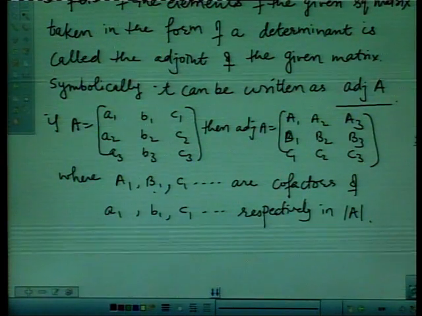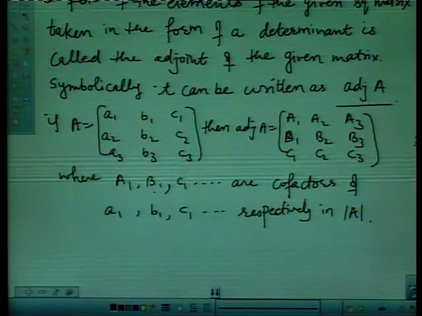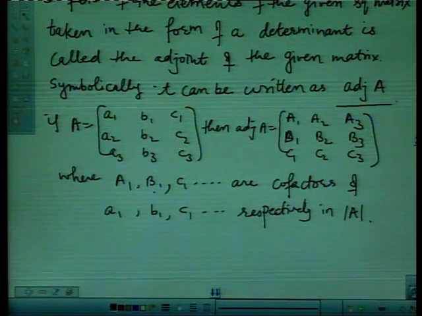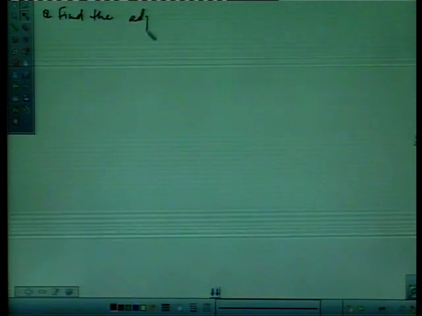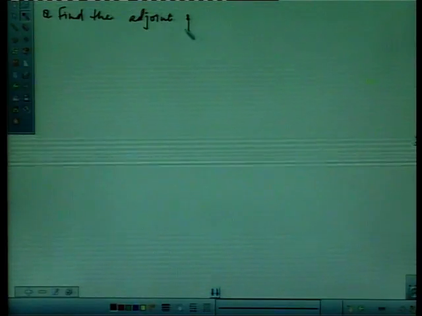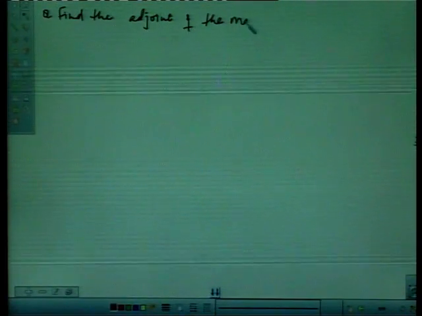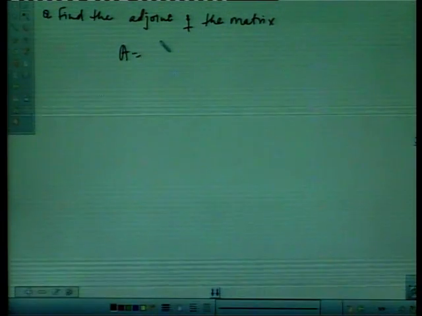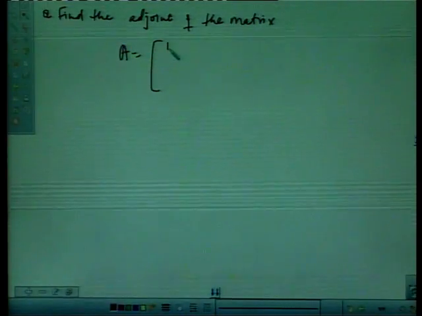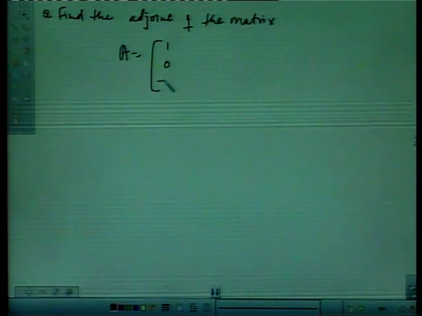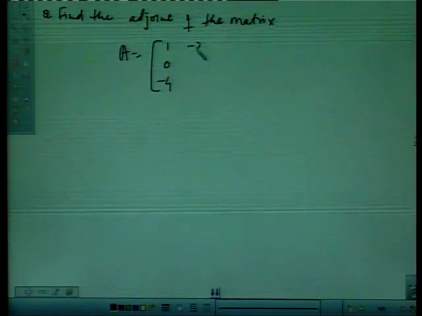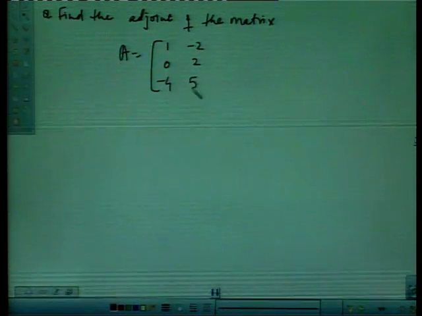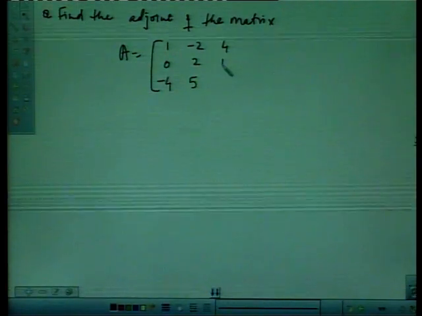Now question: find the adjoint of the matrix A. Elements of matrix A are 1, 0, -4, -2, 2, 5, 4, 1, 3.